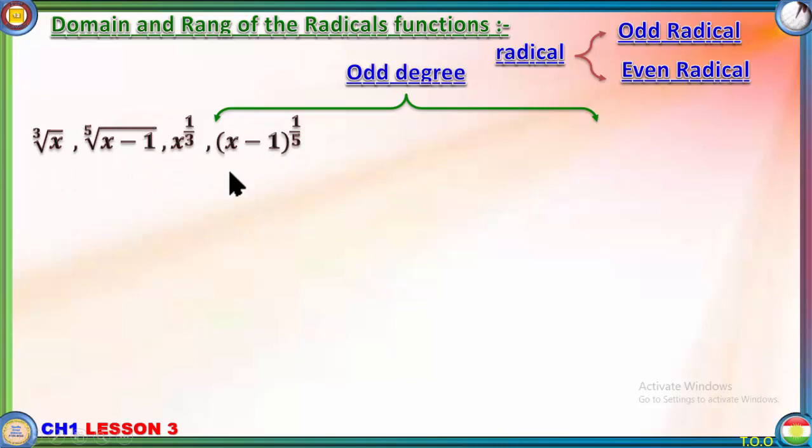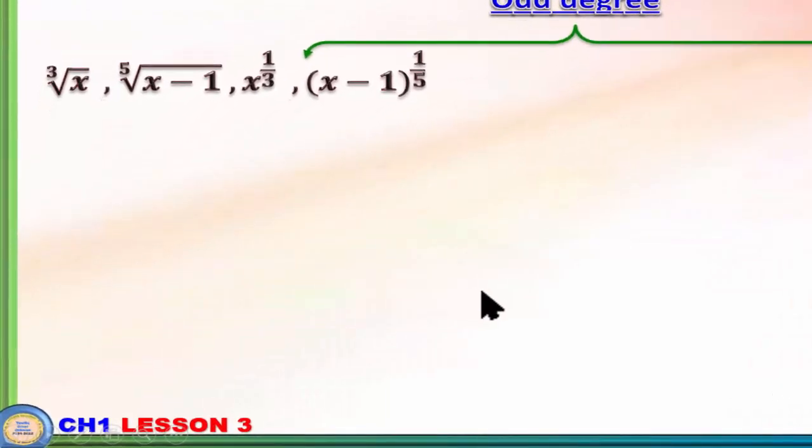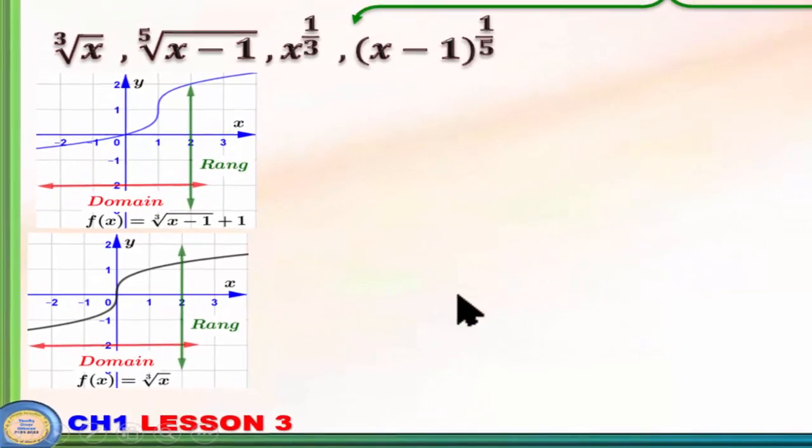These kinds of roots, their domain and their range are real numbers, as you can see in these two graphs. The domain is real numbers and the range is real numbers.